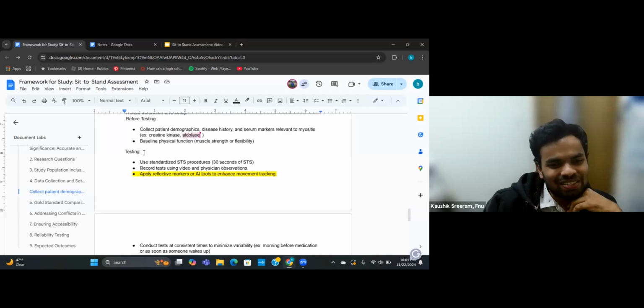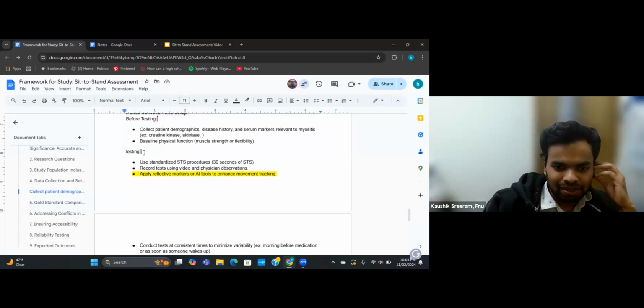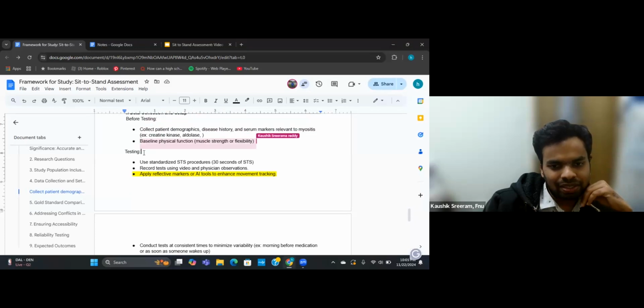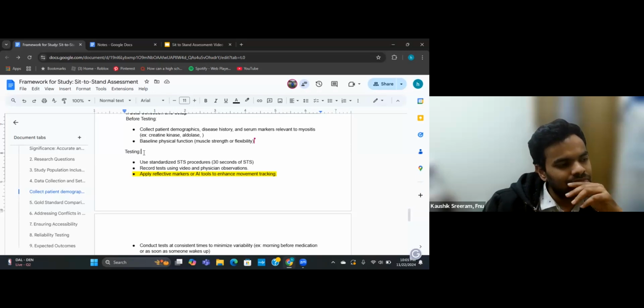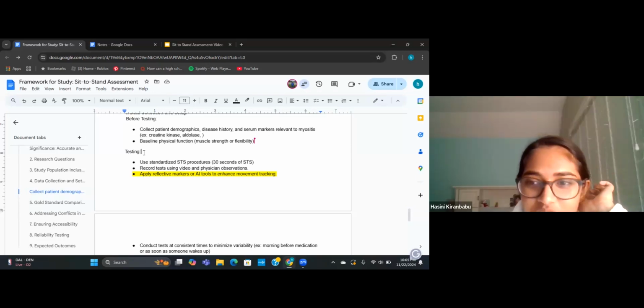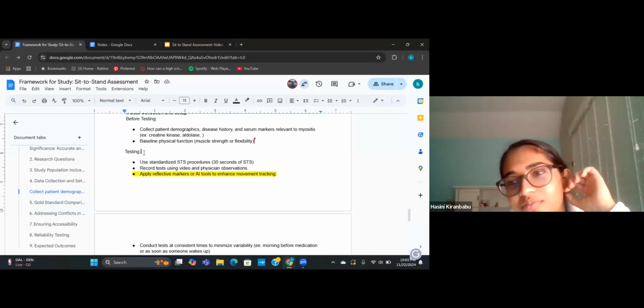So anyways, before testing, that's pretty good. Baseline physical function. This is very interesting. What do you mean by baseline physical function? Probably just the starting point. I was thinking in relation to experiments, you always have the control group.